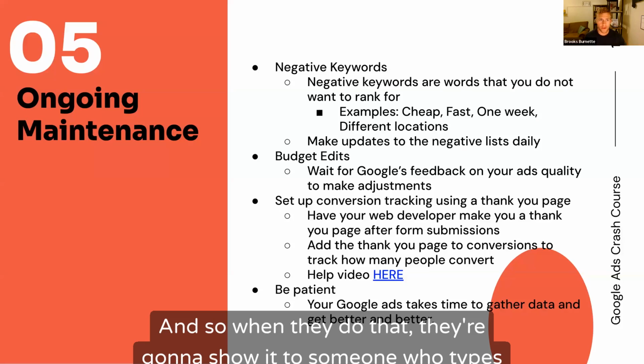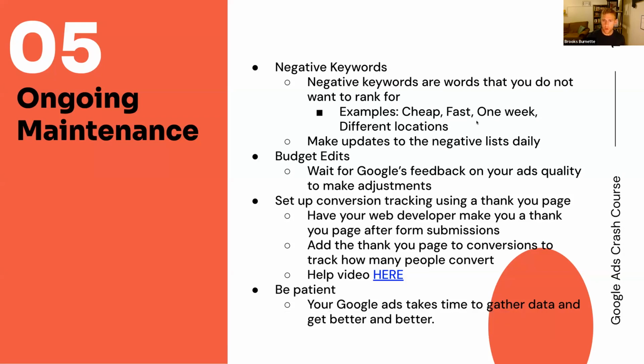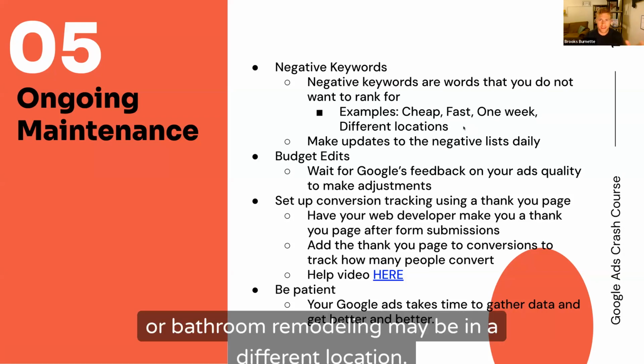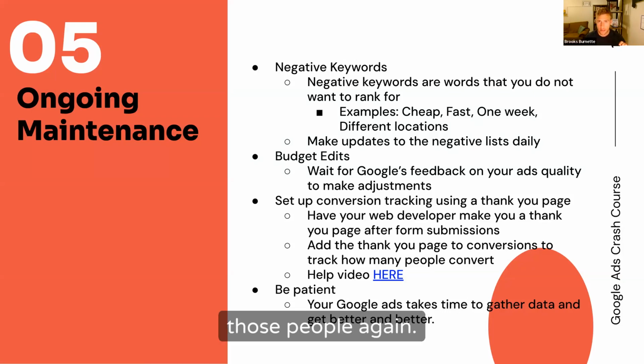And so they're going to show it to someone who types in 1 week bathroom remodel or fast bathroom remodeling or bathroom remodeling maybe in a different location. And so you're going to have to tell Google, hey, do not show my ad to those people again.